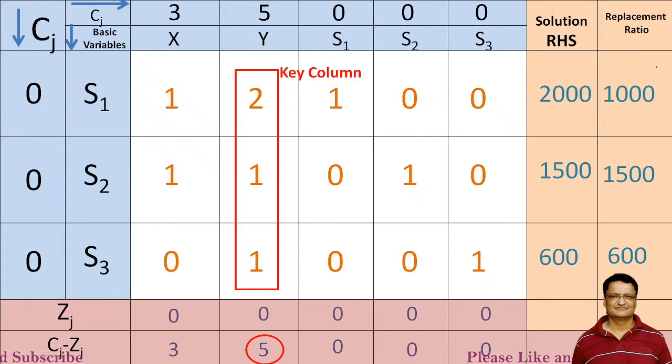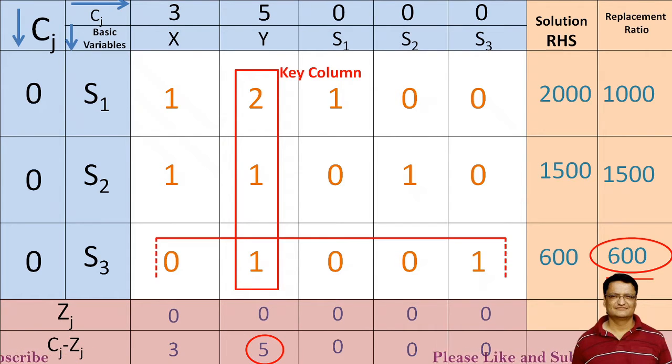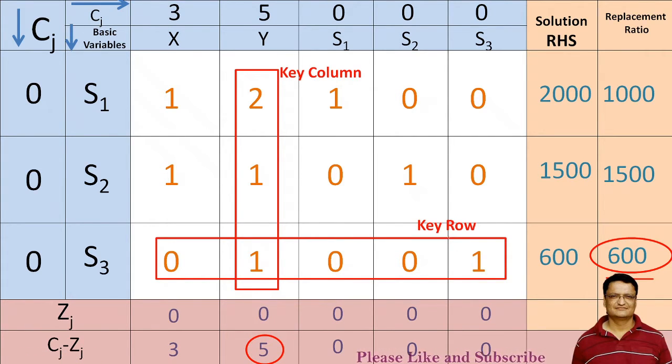Now we are ready with the values of the replacement ratio. Here you have to look for the replacement ratio value which has the minimum value. So this particular row has the minimum value of replacement ratio. What is the meaning of that? This will become your key row, and this S3 will be the departing variable.